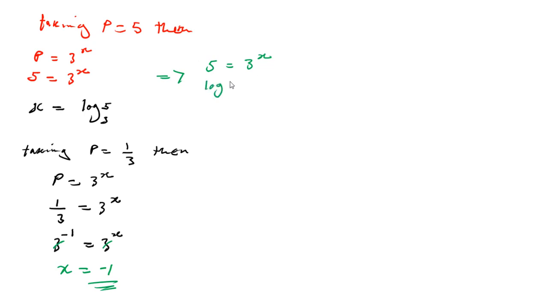So they introduce log base 10, which should be equal to log 3 to the power x, and this will give them log 5 base 10 is equal to x log 3. And then when they divide throughout by log 3, x will simply be equal to log 5 base 10 over log 3.